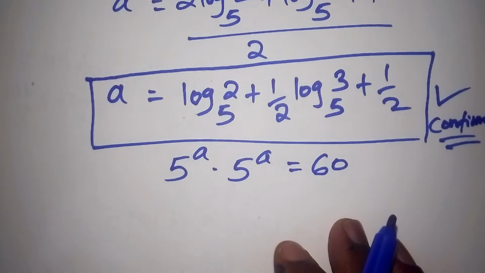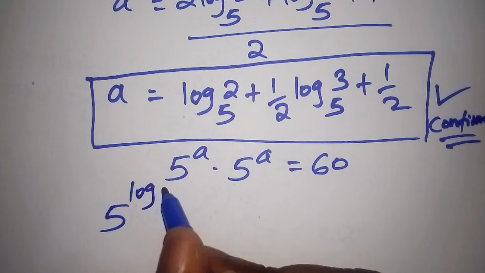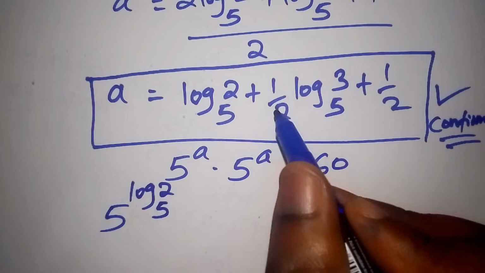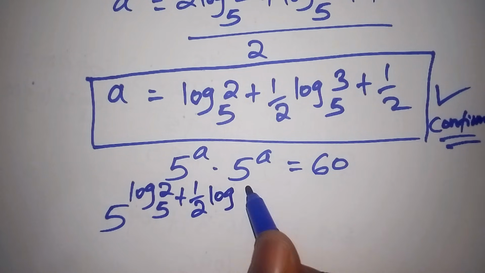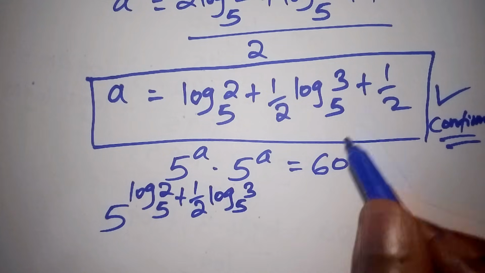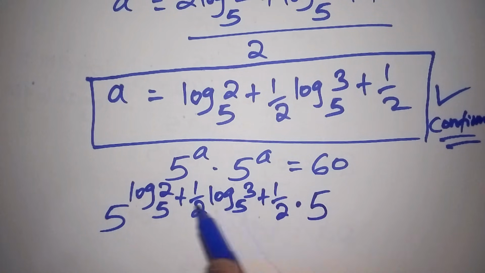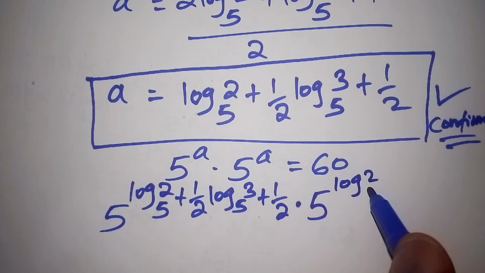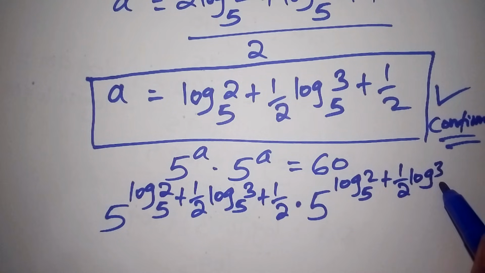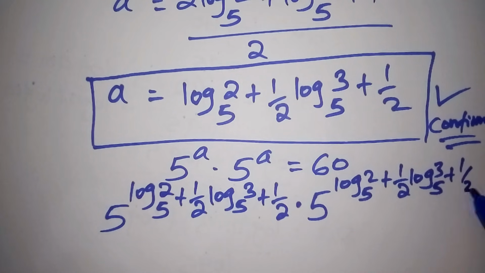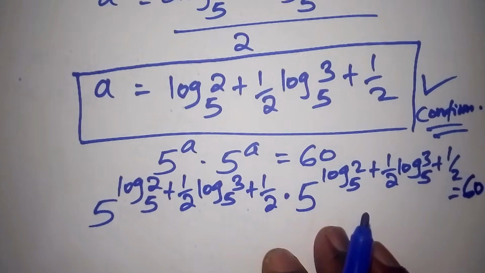So instead of a, we now have 5 to the power of the log of 2 to the base of 5 plus 1 over 2 the log of 3 to the base of 5 plus 1 over 2, multiplied by 5 to the power of the log of 2 to the base of 5 plus 1 over 2 the log of 3 to the base of 5 plus 1 over 2. All of these should be equal to 60.